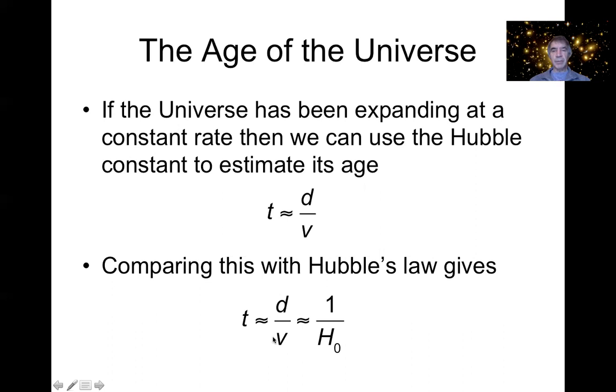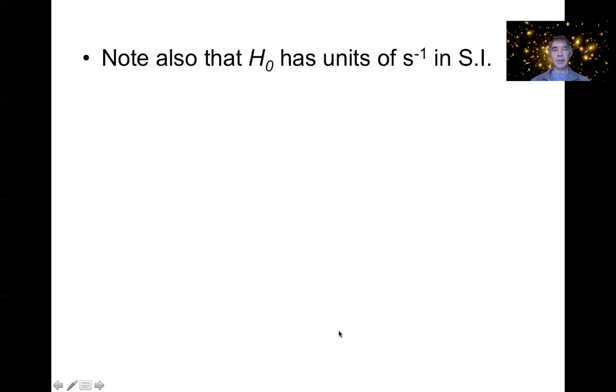It's another way of saying, how long has it been since all the galaxies were very, very close together? And that just comes out as 1 over H naught. Again, you can see this if you look at the dimensions of H naught.